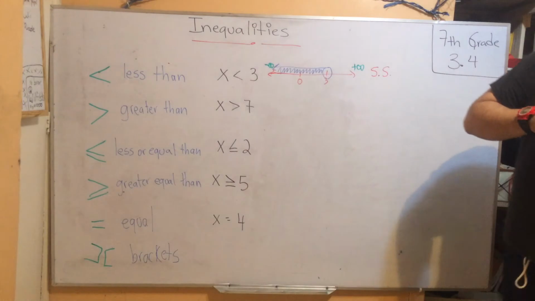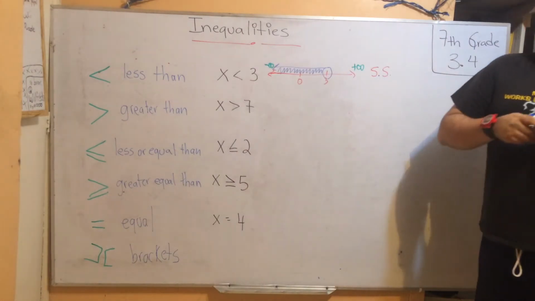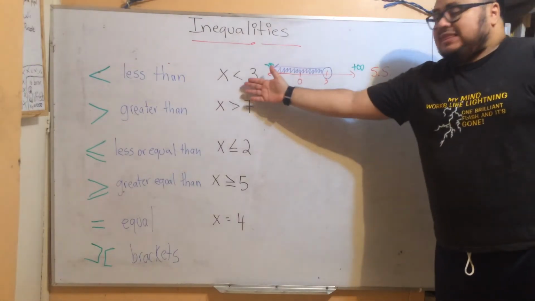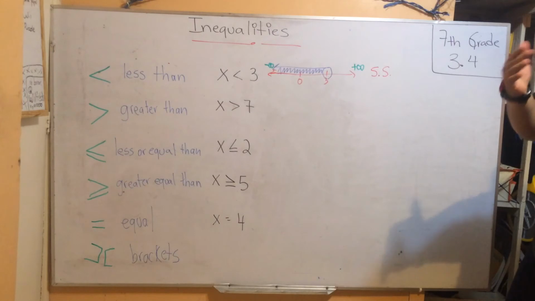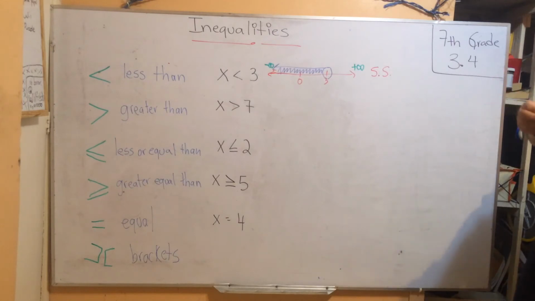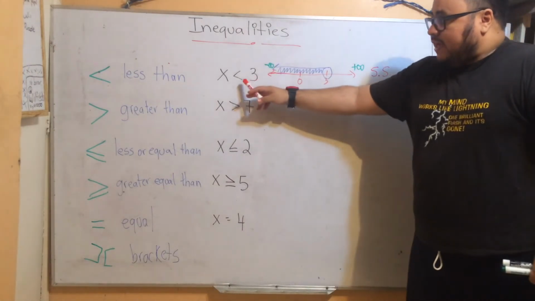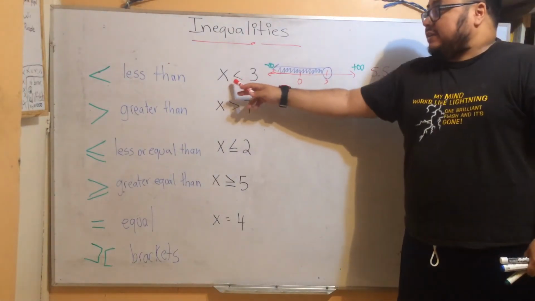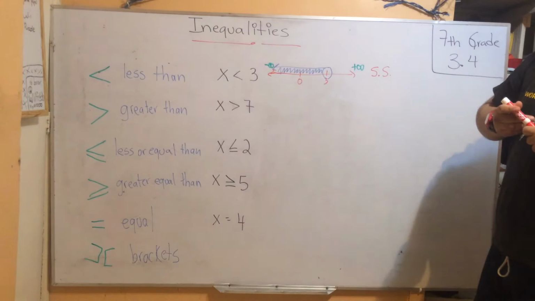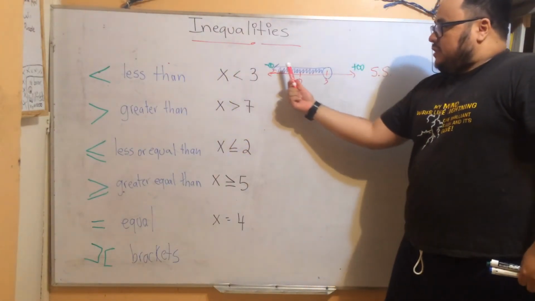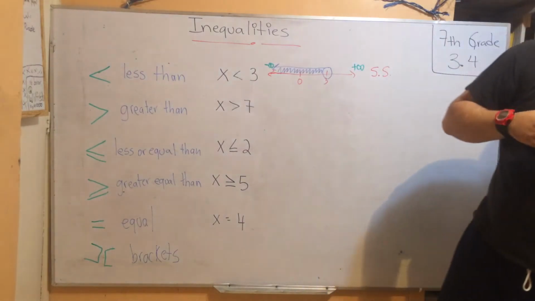When we place our solution set, we need those brackets, because we're going to place the values that make this inequality true into a solution set. Now, when we are looking for the solution set for x less than 3, we bring all of the numbers coming from negative infinite up to 3.